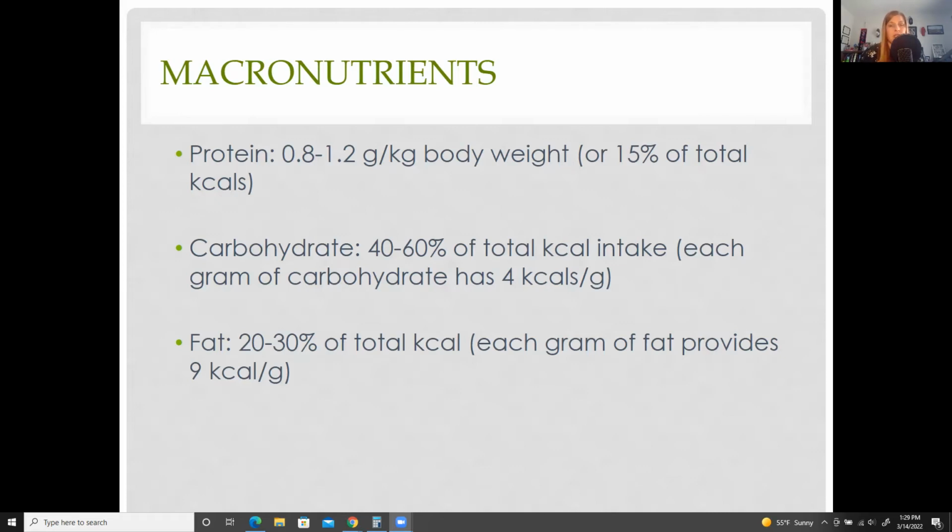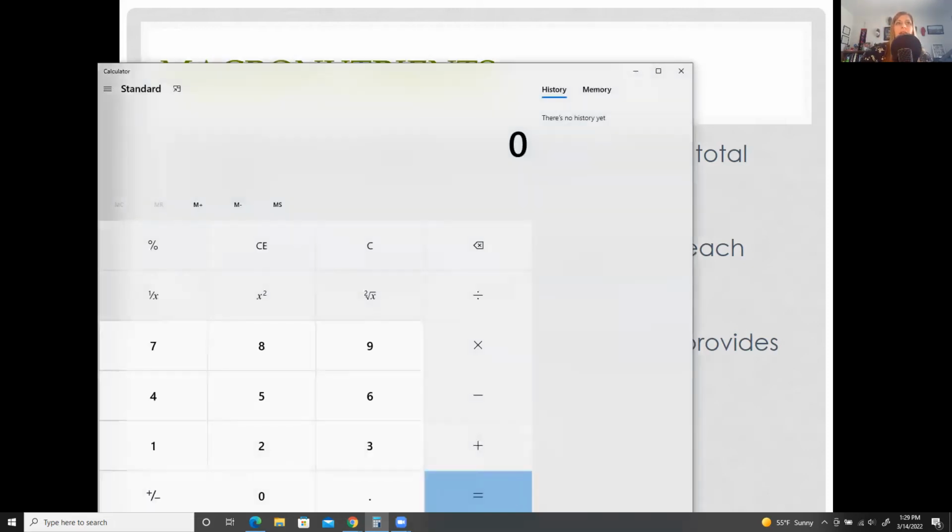For example, I'm just going to use myself as an example. I weigh about 200 pounds. I know the math, but you can check it. That's 90.9 kilograms. So I need anywhere from, and now is when I need my calculator, I'm going to pull it up here. We would go 0.8 times 90.9 kilograms, and that's going to equal 72.72 grams of protein.